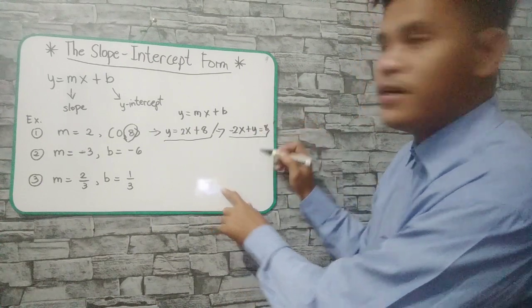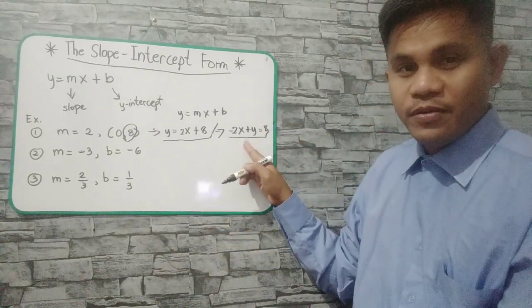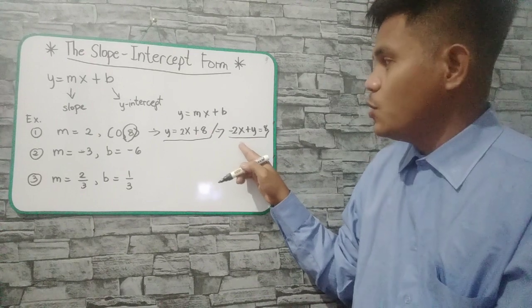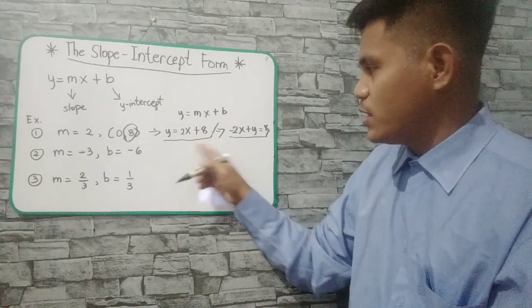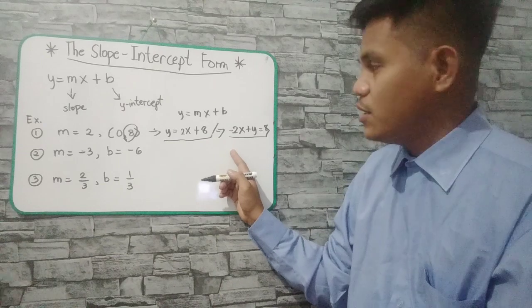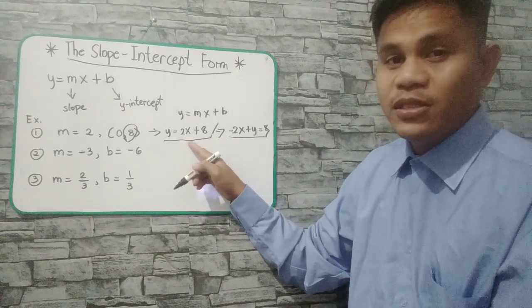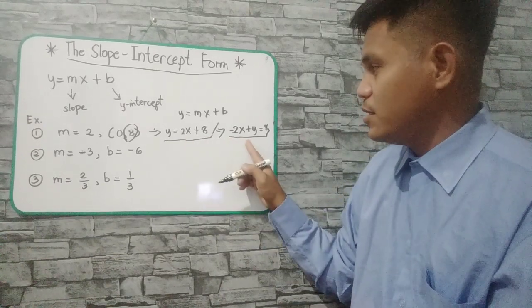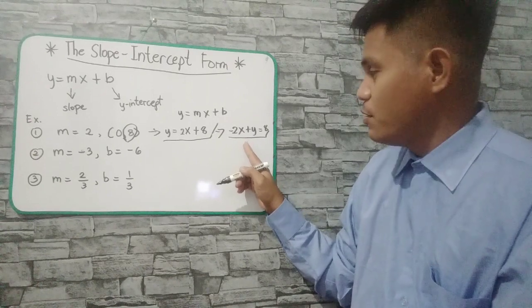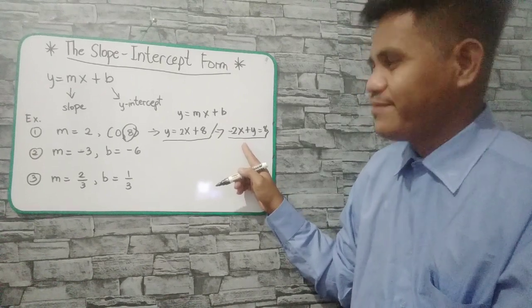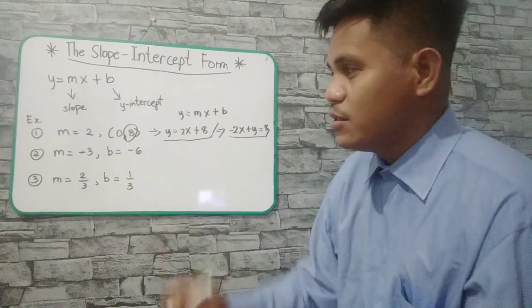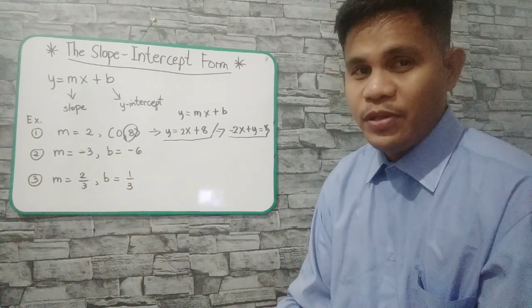So this will be the standard form now. Now, if you're going to ask me what is the difference between the two equations, this is the example of slope-intercept form, and this is the example of standard form. Now let's proceed to example number 2.